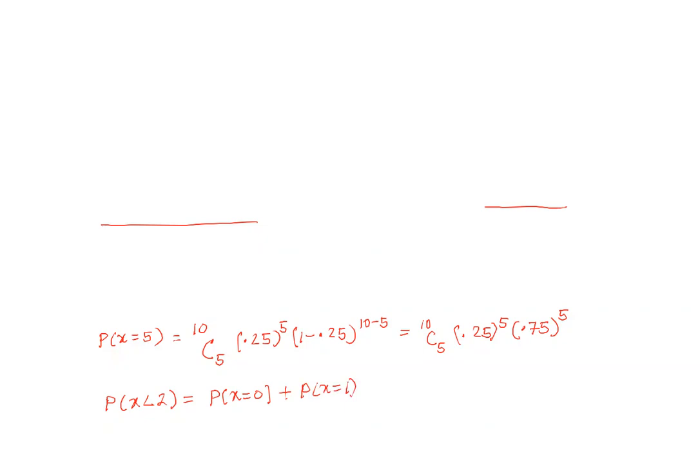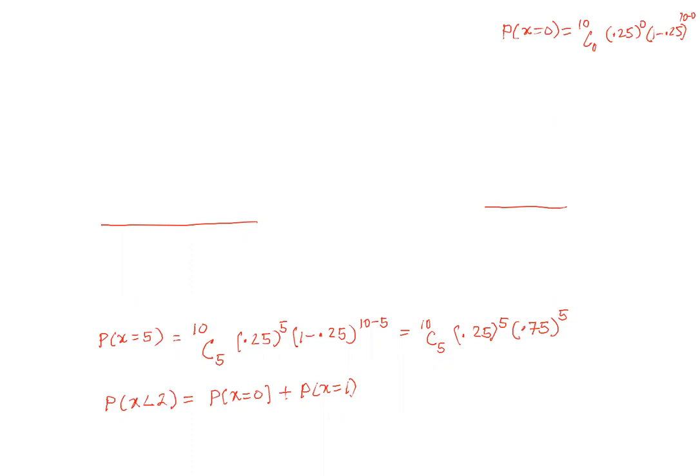How? So probability of x equal to 0. Let me do this one. Probability of x is equal to 0 is gonna be, sorry, not 5, it's 10 C0 times 0.25 to the power 0 times 1 minus 0.25 to the power 10 minus 0.